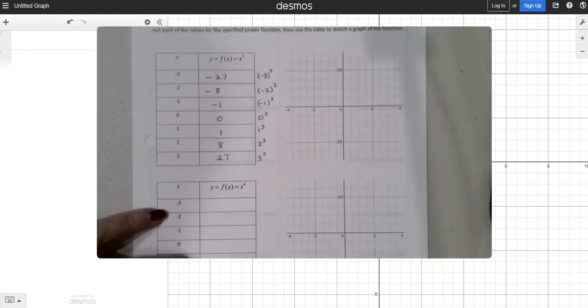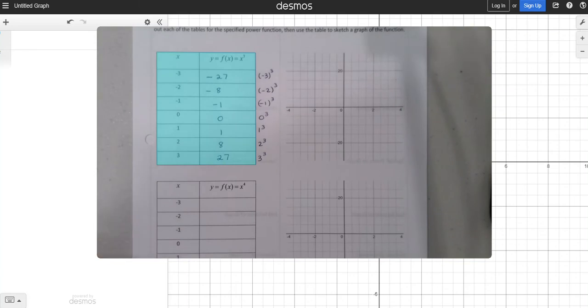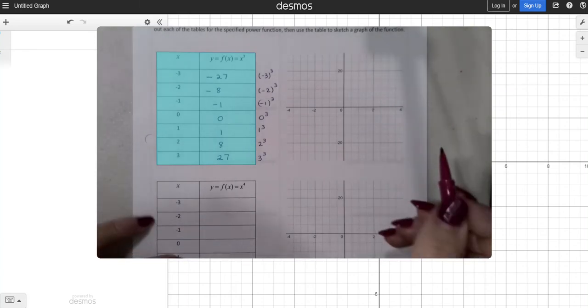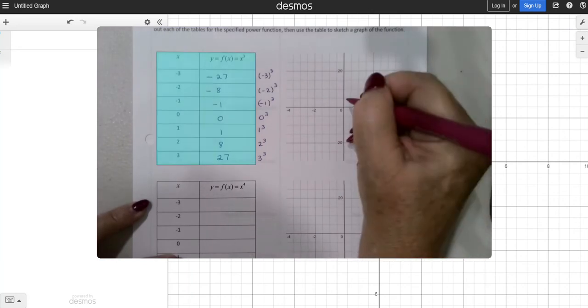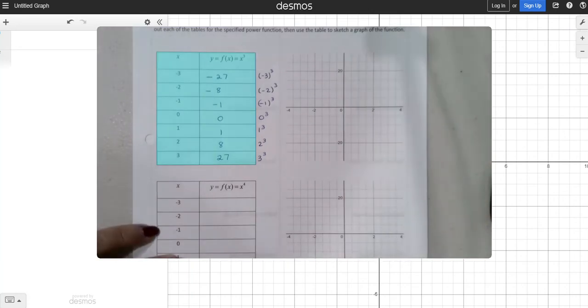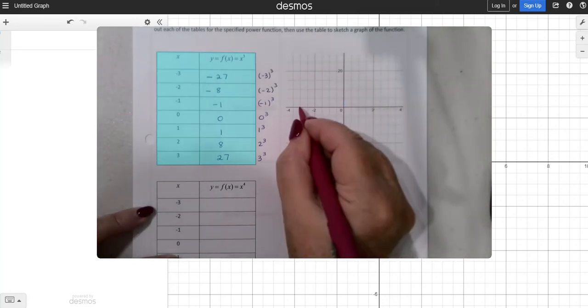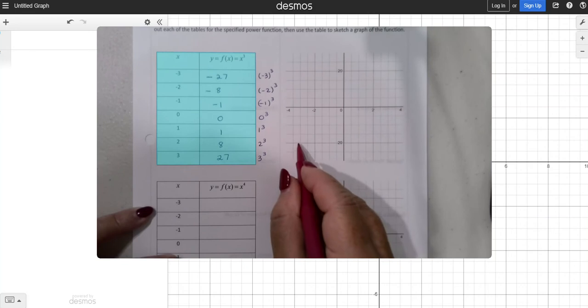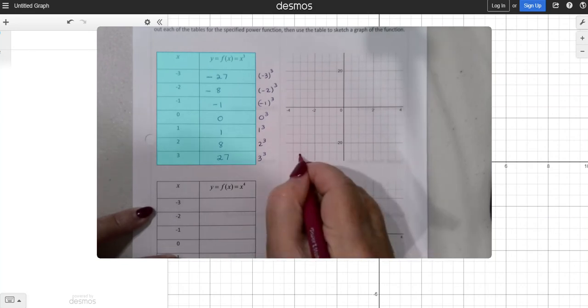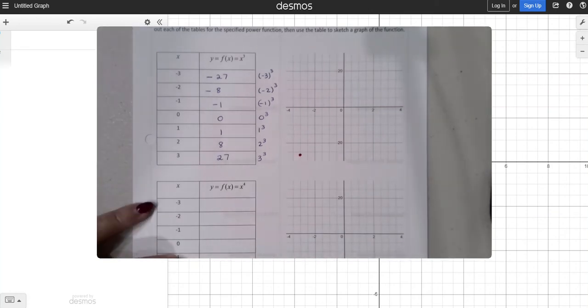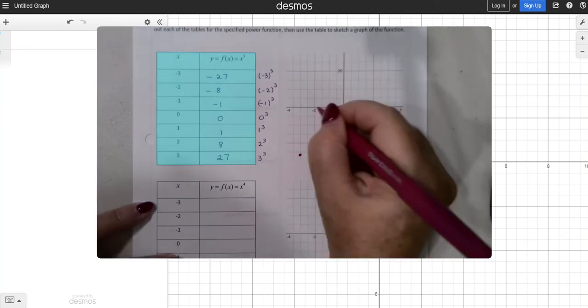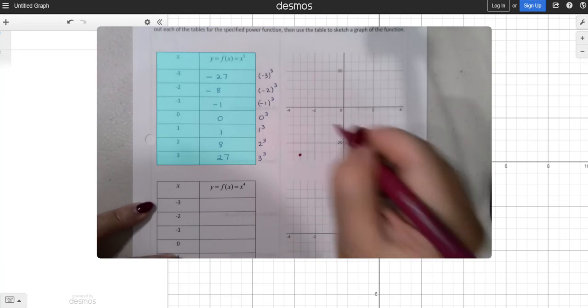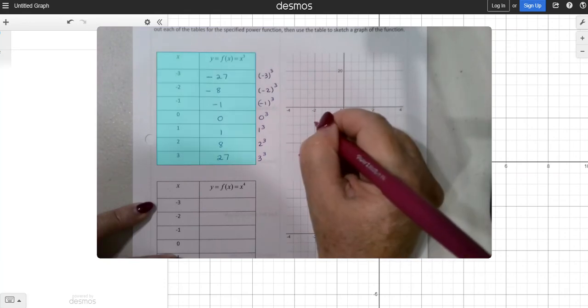So let's go ahead and plot those points on our graph. The y-axis scale I believe is by 5s, 5, 10, 15, 20. Yeah, so those are going by 5s. So if I start with negative 3, negative 27 would be about there. Negative 2, negative 8, that would be around here.